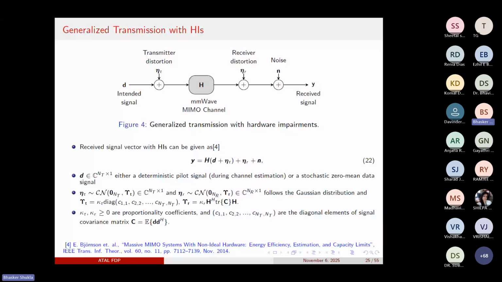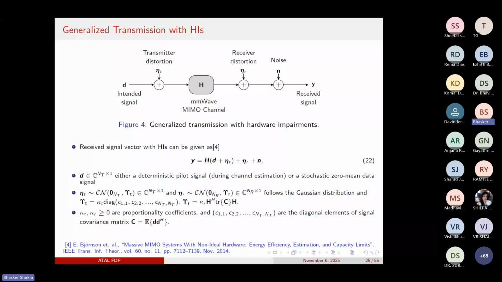that is, the covariance matrix for D. If we find the covariance of the input signal, it is given by this relation, and these are the diagonal elements of the signal. Because variance basically represents power, the power corresponding to the transmitter distortion is given by this variance, gamma T, and the power corresponding to the receiver side is given by this.